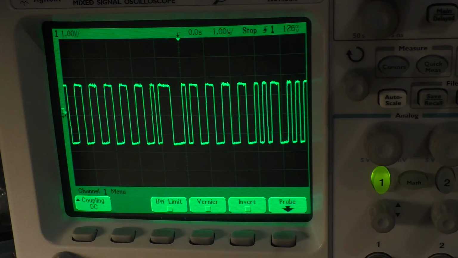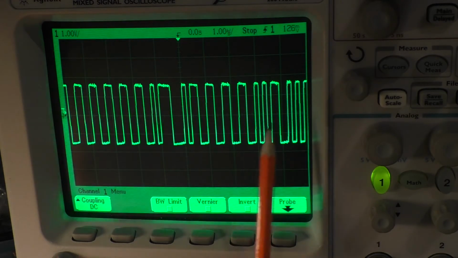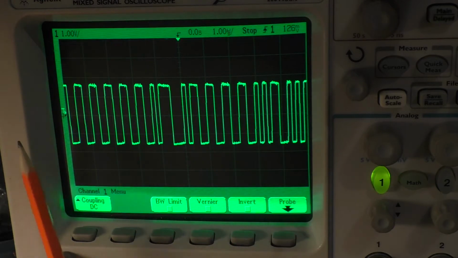So as I said, this is called Manchester coding, and this coding scheme has got a couple of advantages. The first one is that it's a self-clocking coding scheme, so with a clever electronic circuit you can extract the base bit clock from this.